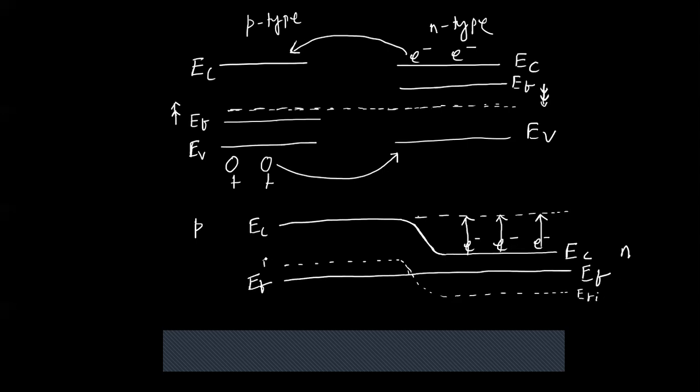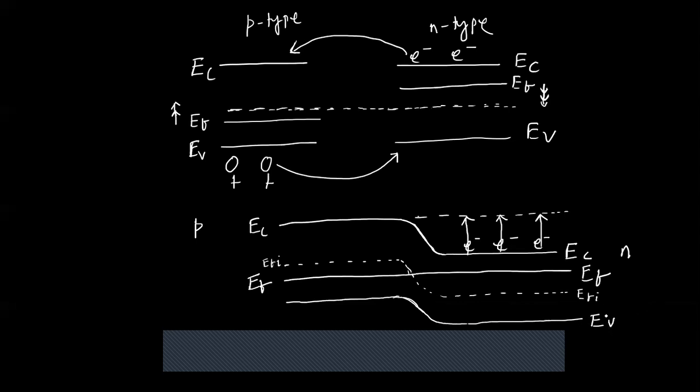It is no longer required because it's not an intrinsic semiconductor now, since both sides are doped with impurity atoms. Now the valence band will similarly undergo the same amount of bending, as the Fermi energy level is close to the valence band here in p type, so this will be the valence band.